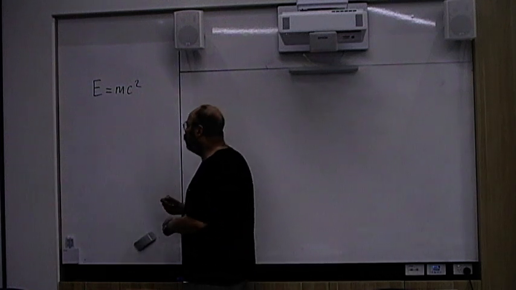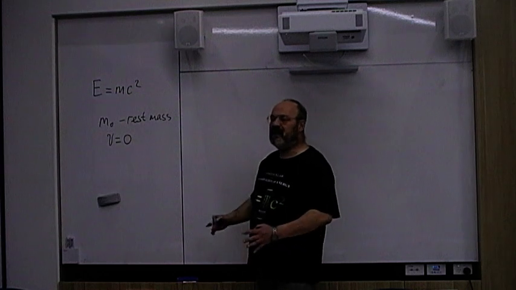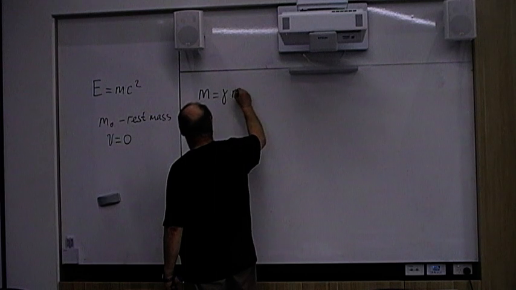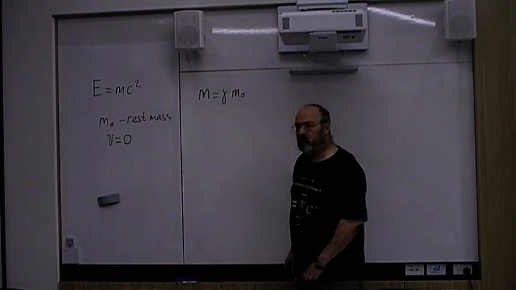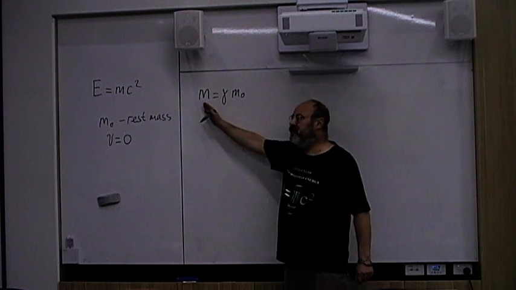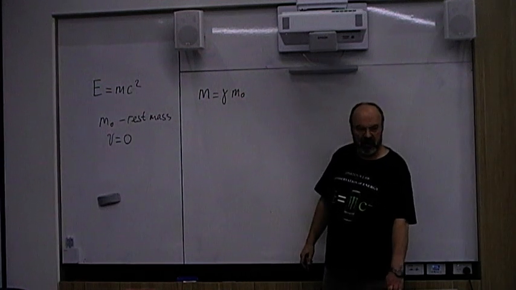If you denote m0 as the rest mass, when velocity equals 0, then mass at some speed, which again can be derived, equals gamma times m0. So the faster the object is moving, the bigger its mass, the harder it is to change its velocity.